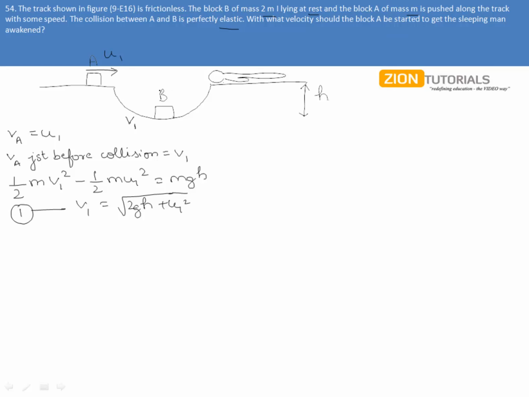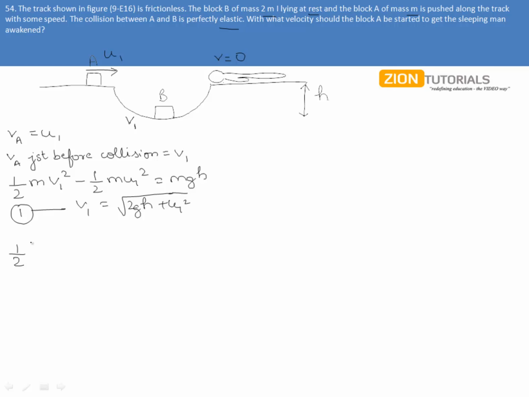Now, when this block B hits this man, then the minimum velocity possible is 0. That is, it will be just greater than 0. So I can take this v to be 0. Now for this block, let me employ the energy conservation.